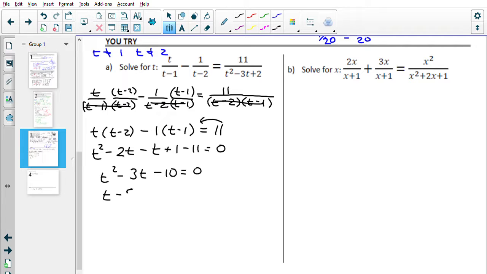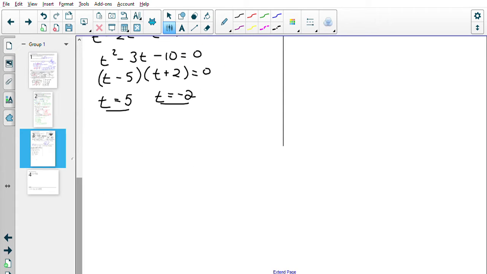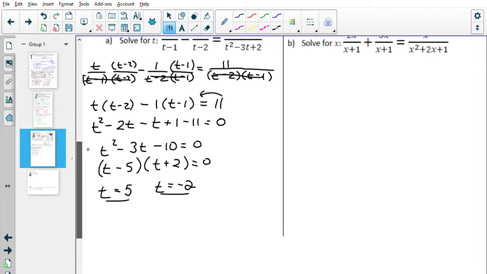Factors to t minus 5, t plus 2. So my potential solutions are t equals 5 and t equals negative 2. But we have to then substitute in our answers and check if they actually work.